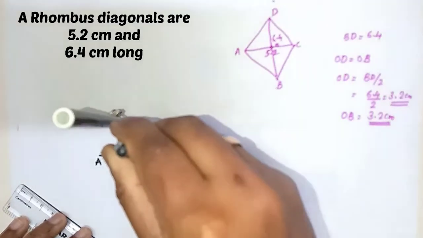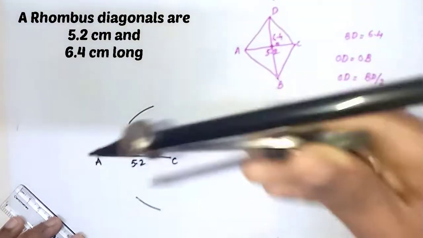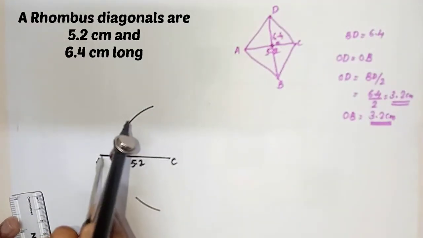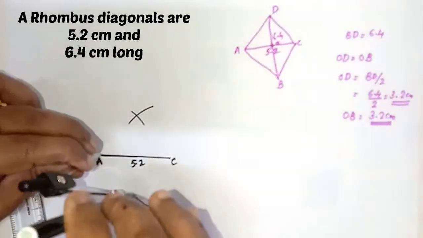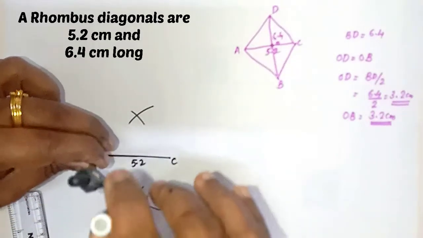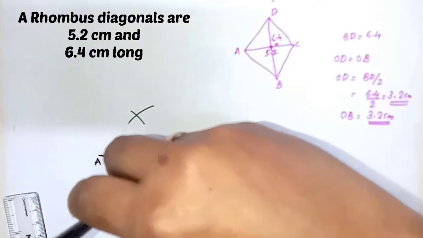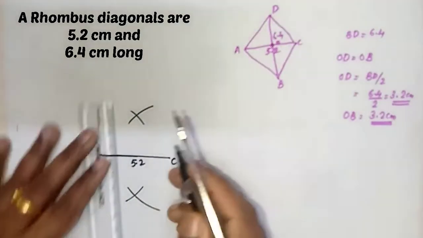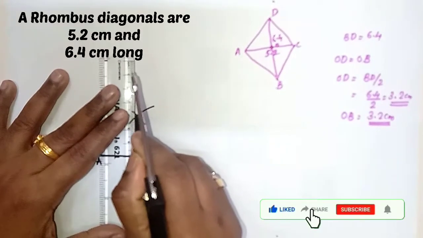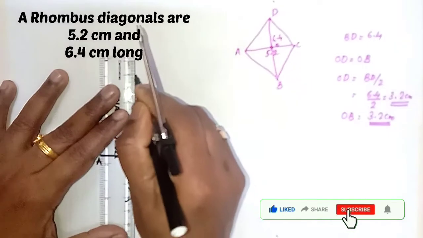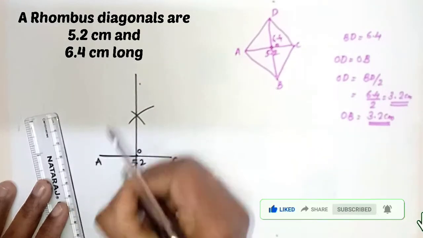Then draw one arc here, and down also. Then with center A, cut the previous arc, and down also. Make this a little long. Then join. It bisects at a point O.